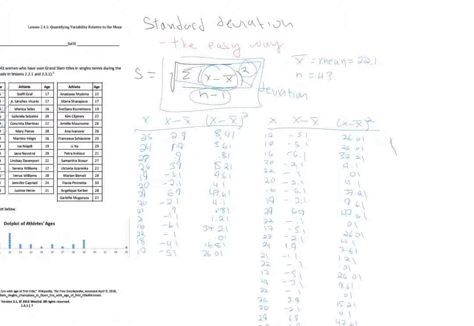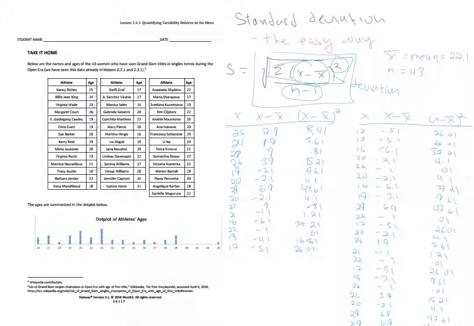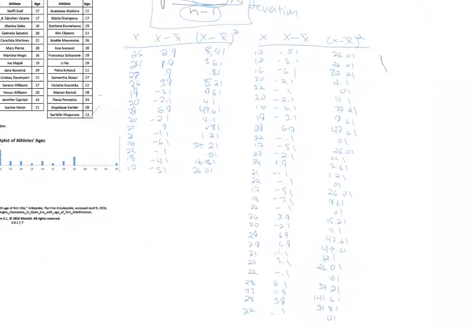Okay, now with great effort, I have filled in the rest of this table, all the way from the first data point of 25 to the last of 22. You can see it over here all the way down to here.